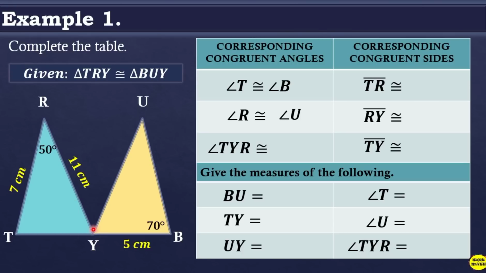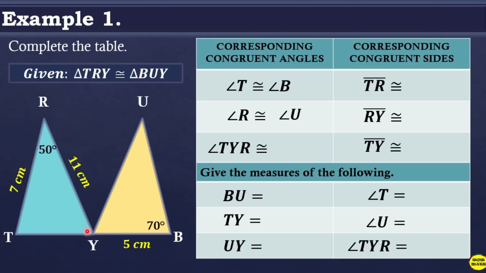Because the vertex Y is shared by the two triangles. So we cannot say that angle Y is congruent to angle Y, because which angle Y? We need to use 3 vertices to name the angle Y of the first triangle and of the other triangle.